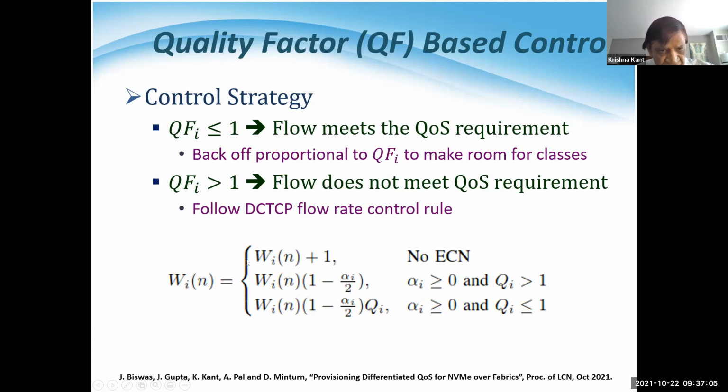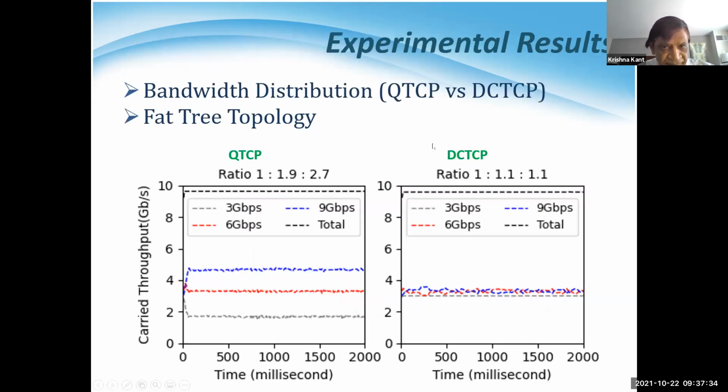The top one is your usual window increase when there is no congestion. So nothing interesting about that. The interesting part is the bottom part where the window modulation is proportional to the quality factor. And this is the part that does the trick and provides us with the QoS that we desire. So let me just show you some results here.